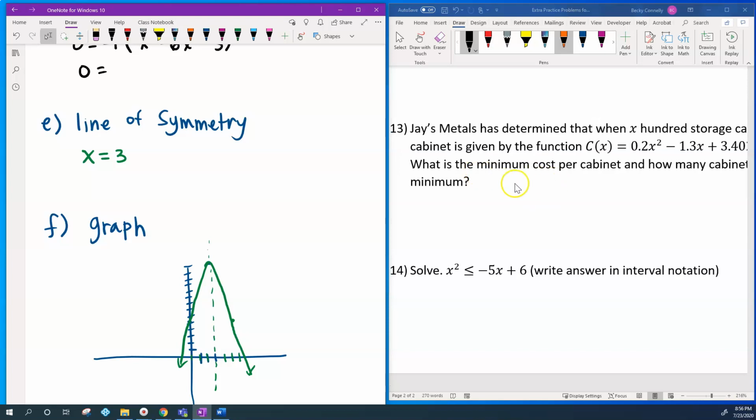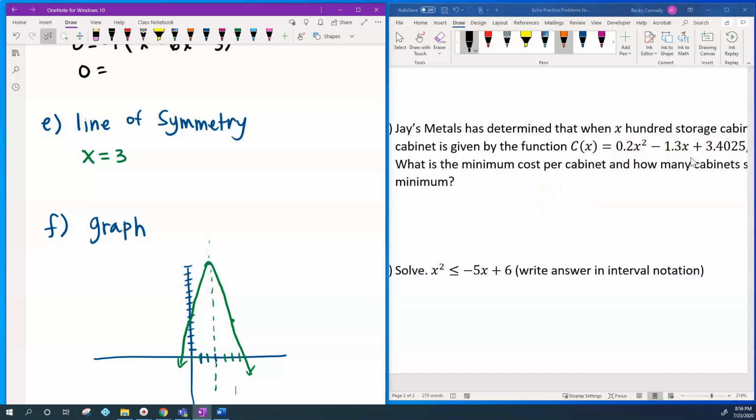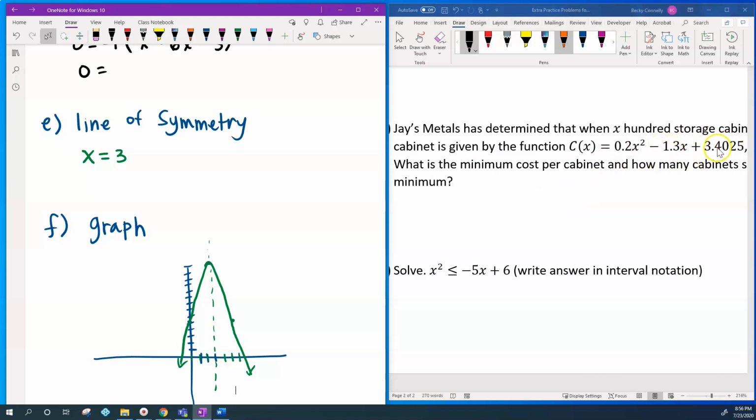So on number 13, again, it's talking about minimum cost. So remember when it's asking you for a maximum or minimum, that you are finding the vertex. We're kind of running out of time here. We only have 4 minutes left, so I might skip that number 13 because it's similar to one we did before. And even though you have crazy decimal numbers here, it's okay.